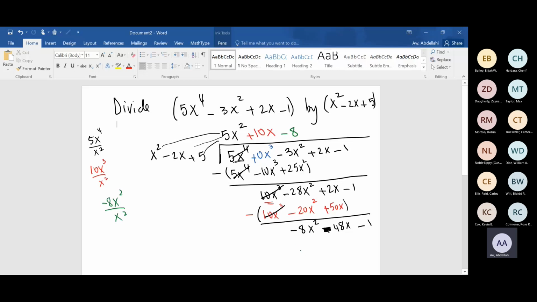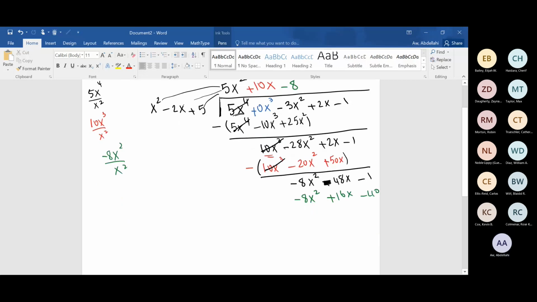So it's going to be negative 8x squared plus 16x minus 40, right? We're going to subtract that, so these two cancel each other. This is going to be negative 64x because we are subtracting, plus 39, and that is the remainder, okay?